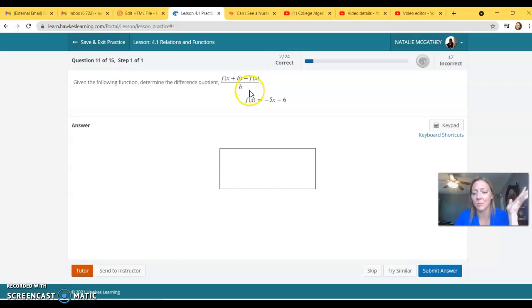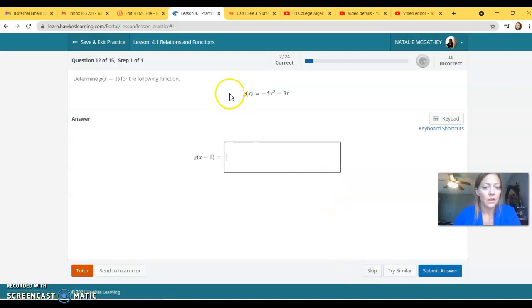I think these are just the most challenging because you have to keep track of all the different things. But if you're neat and tidy, it shouldn't be a problem. And here's another one of those problems where you're taking the function g and every time you see an x, you're replacing x with x minus 1. Use parentheses.